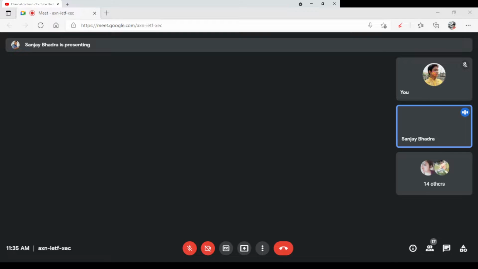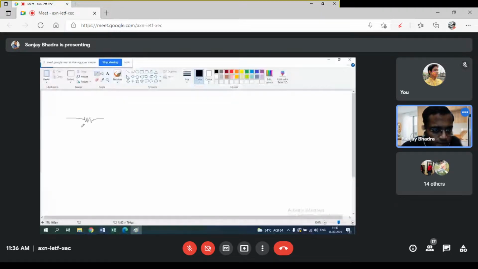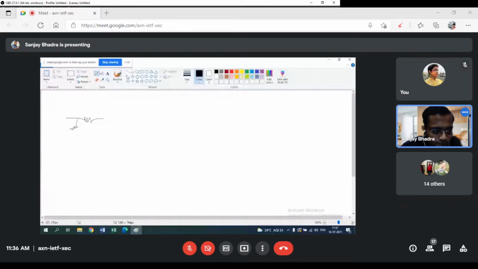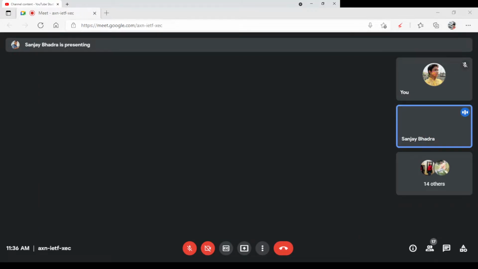So if I pull up my paint screen and draw it, this is a pi network, and it is a delta network, you understand? I am not writing the values over here. Why is a pi network called a delta network?